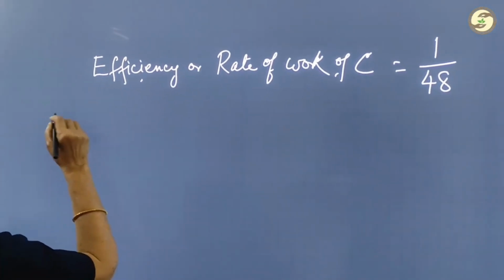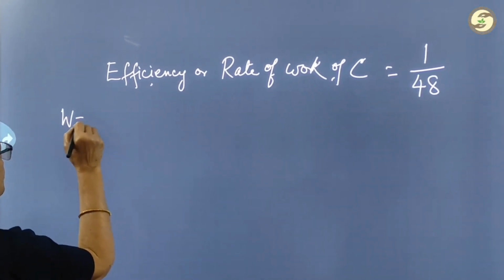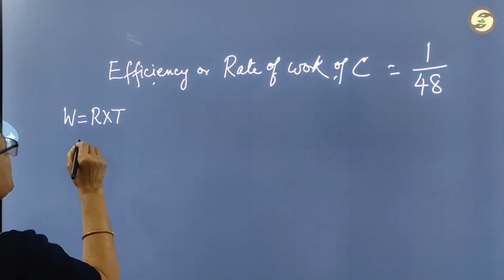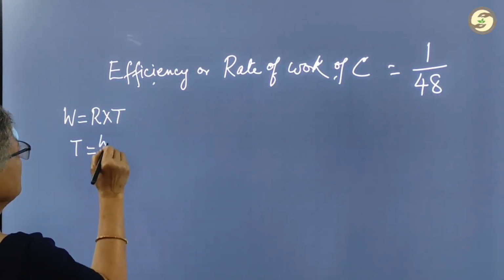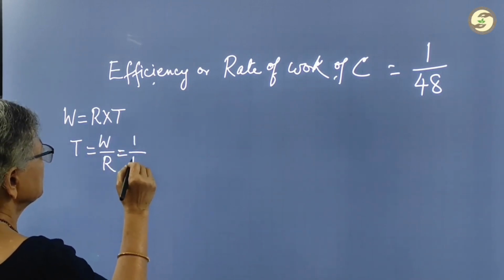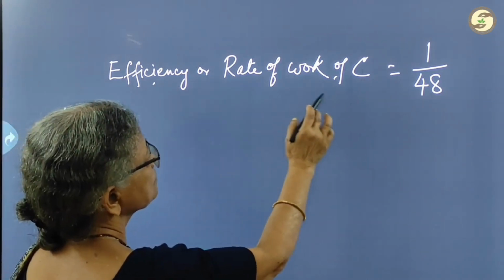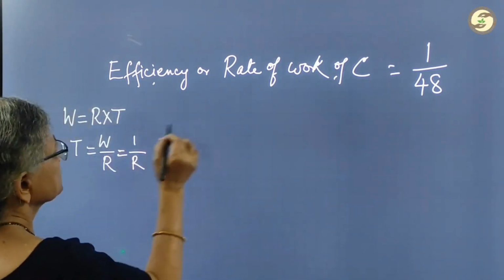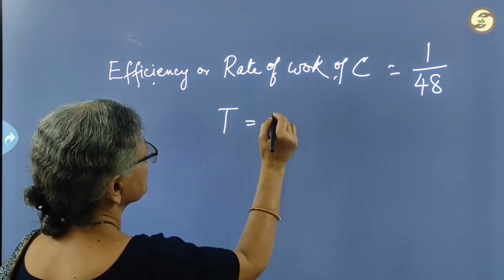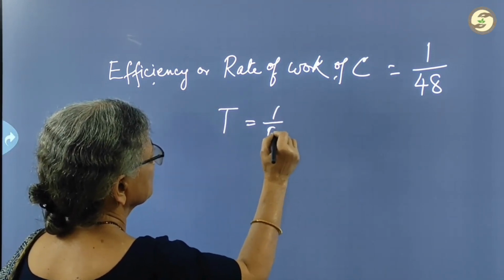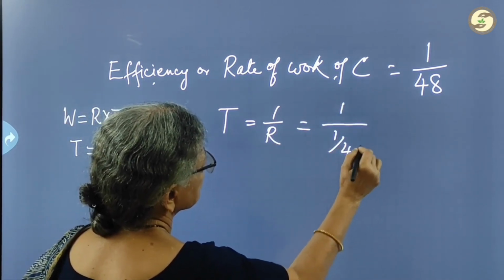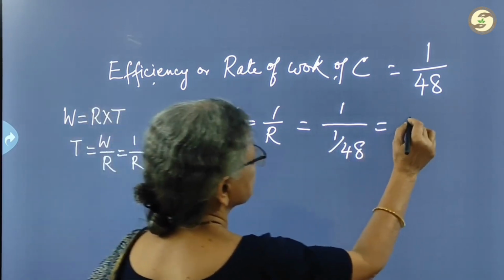You want to keep the formula in front of your eyes. So W is equal to R into T. So T is W by R. W is always 1 unit and by R. So if R, rate of work of C, is 1 by 48, then the total time T taken by C to finish the job is 1 by R. That means 1 by 1/48, which is equal to 48 days.